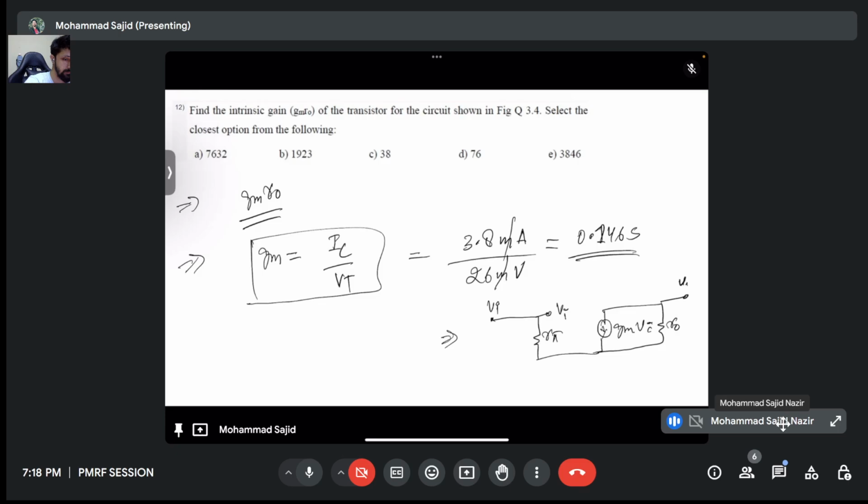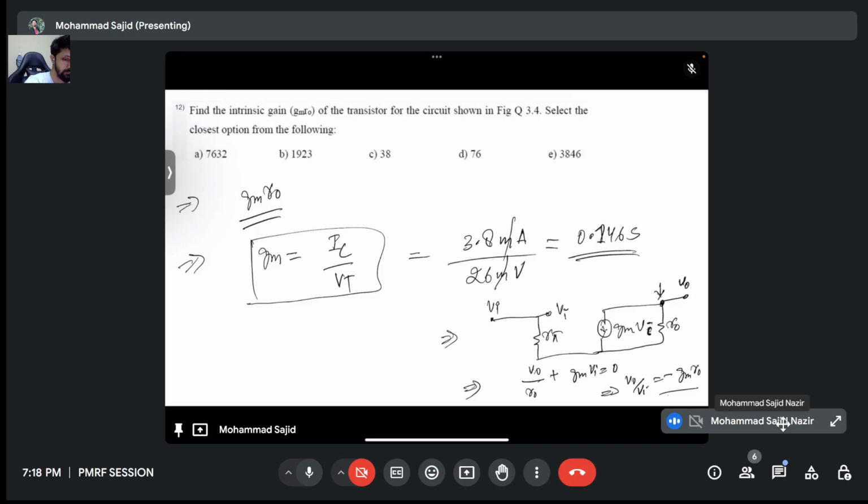So when you have only this transistor, which has only intrinsic resistance R naught, when you calculate the gain of this transistor, it is called the intrinsic gain. You just apply the KCL here at this node. You will find V naught by R naught plus GMVI is equal to 0, which will give you V naught by VI as minus GM R naught. So this is called intrinsic gain.